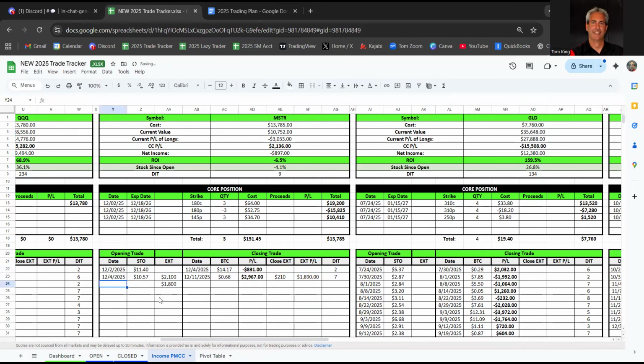And then we opened a new one here at 1044, with 1,800 of extrinsic. And again, I'm tracking this extrinsic. If you're comfortable with these trades, you don't have to do that. I'm doing this to give you guys a sense of what we could make on these things as a whole. So I've already made 1,800 of extrinsic on it.